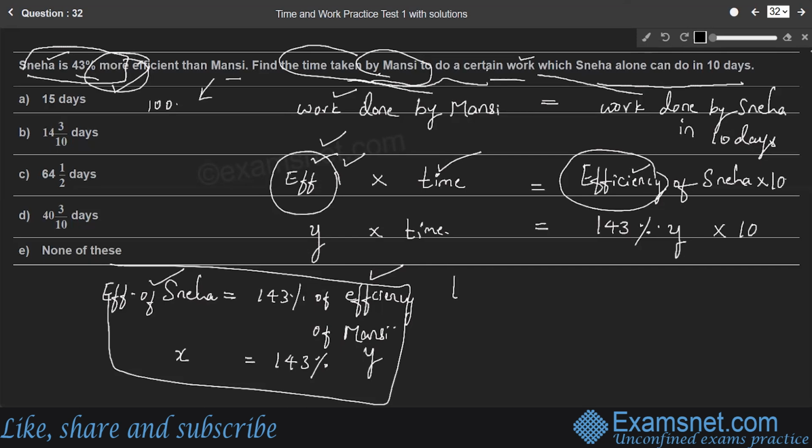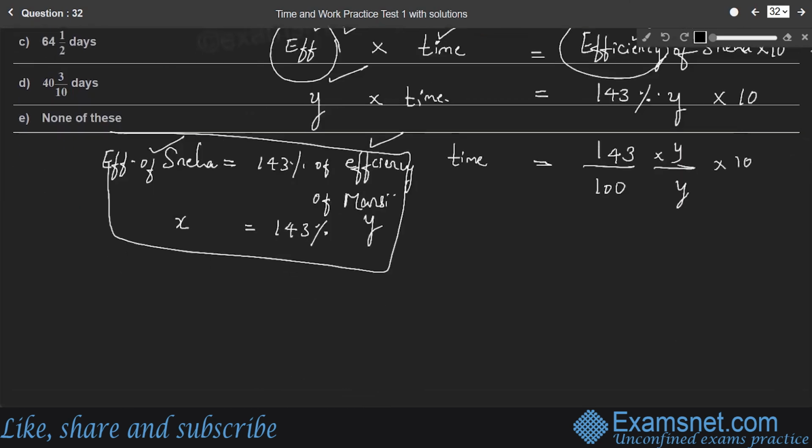Therefore, the time taken by Mansi is equal to 143 by 100 into Y into 10, divided by Y. So 143 by 10 is 14.3.